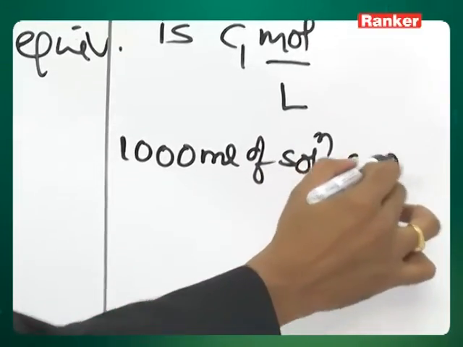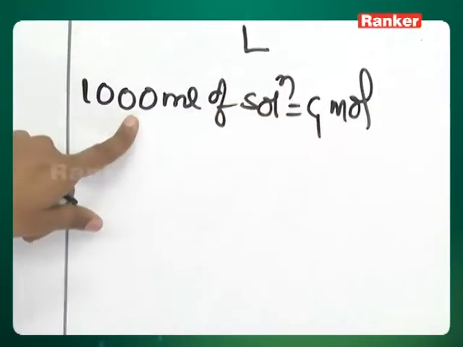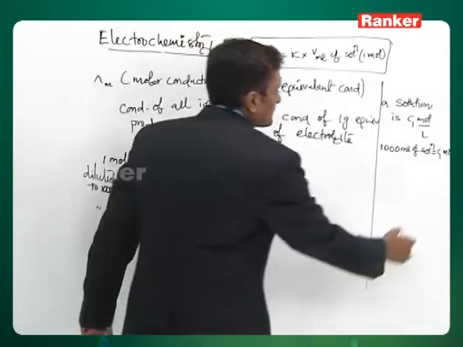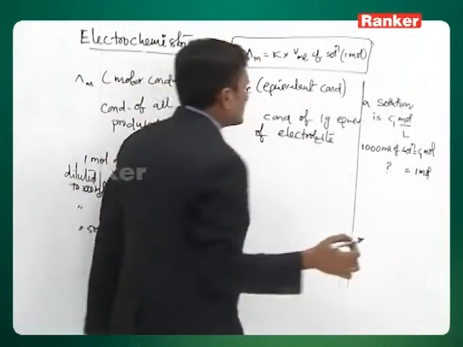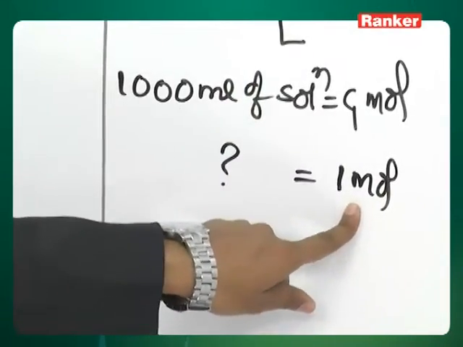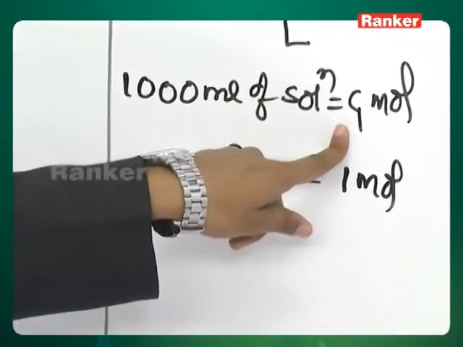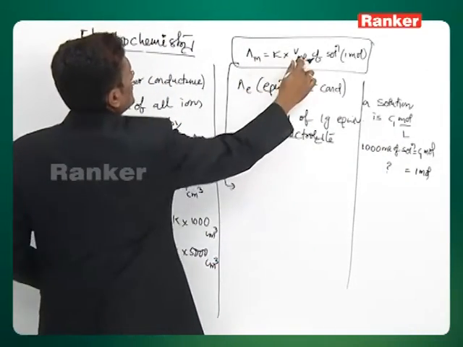So when C1 moles are present in this much ml, what will be the volume of the solution which has 1 mole of an electrolyte? It turns out to be 1000 upon C1.